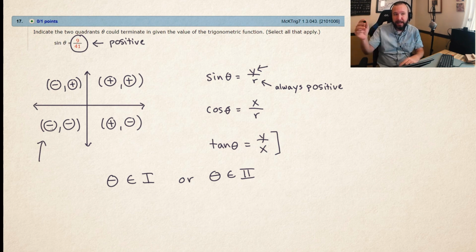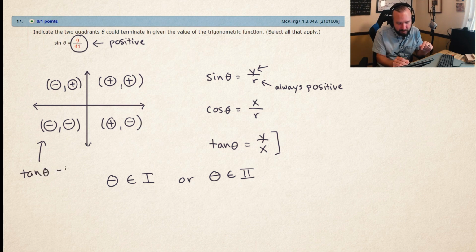Remember, a negative divided by a negative is positive. That's why I'm focusing on this one, because it's counterintuitive. You wouldn't think that anything would be positive down there in quadrant 3 because everything's negative. But tangent theta is positive there, because a negative divided by a negative gives you a positive.